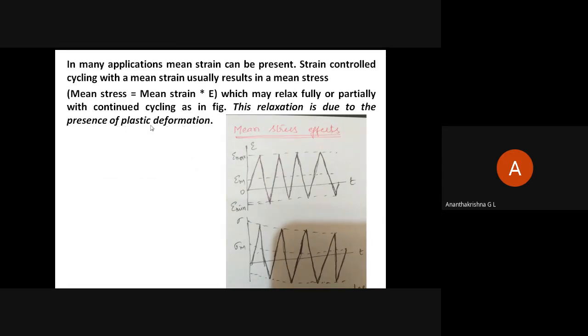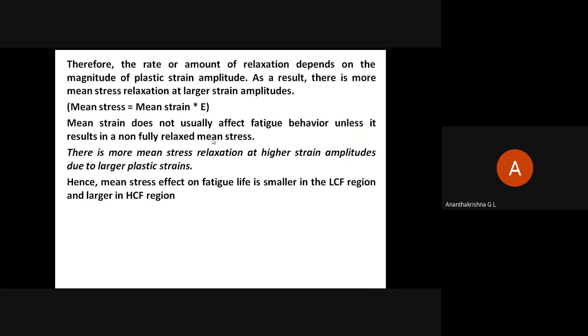That is the effect of mean stress on strain life fatigue. Also, mean strain does not usually affect fatigue behavior unless it results in non-fully relaxed mean stress. There is more mean stress relaxation at higher strain amplitudes due to larger plastic strains, and the amount of relaxation depends on the magnitude of the plastic strain amplitude.